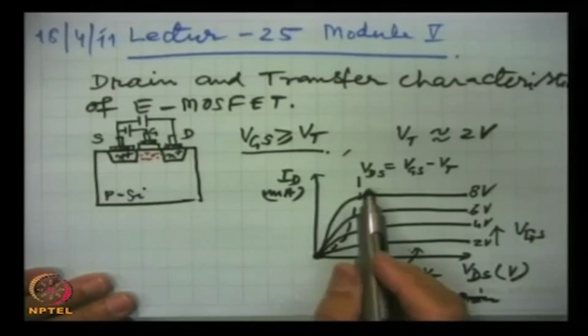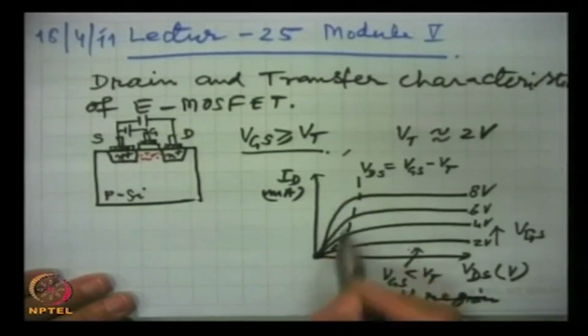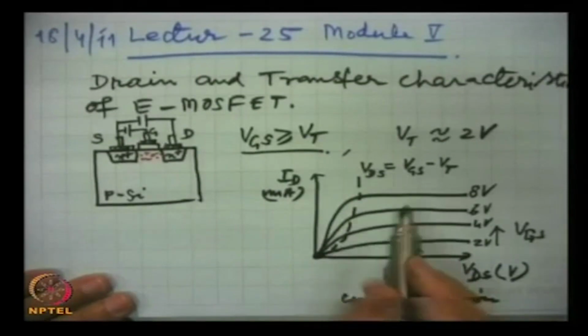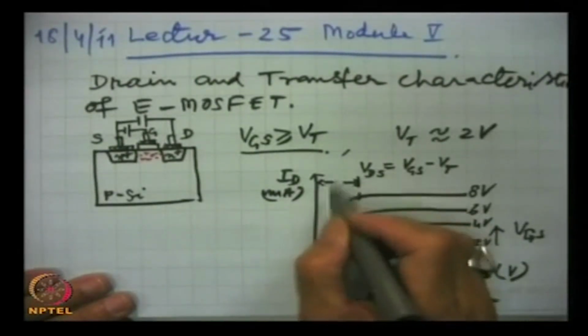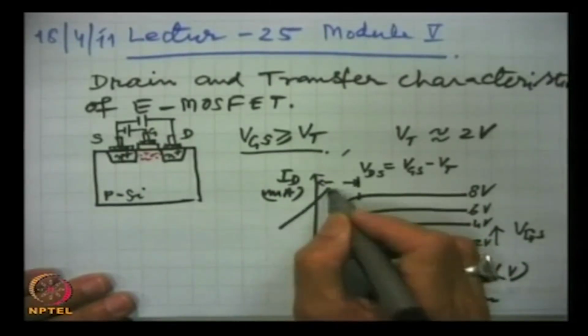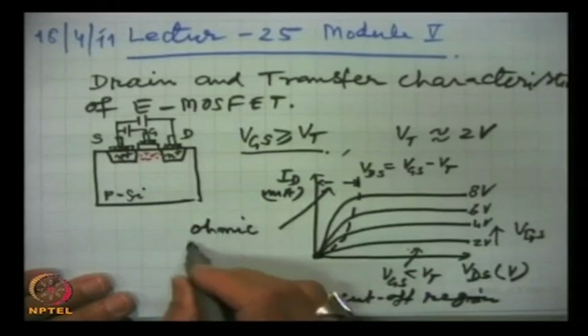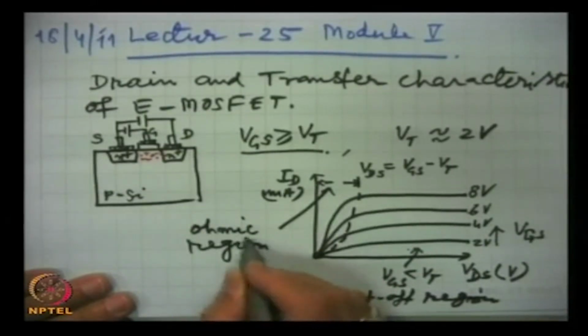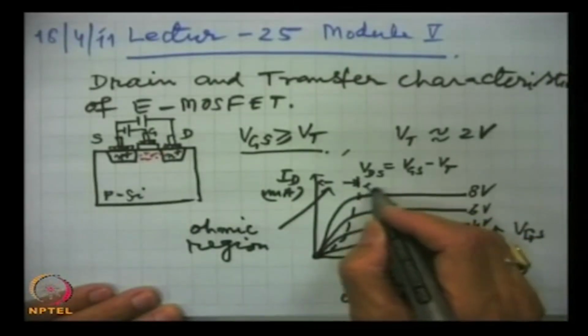On the left of this dividing line, this is the ohmic region. And this is the saturation region.